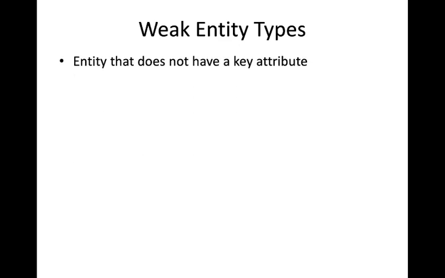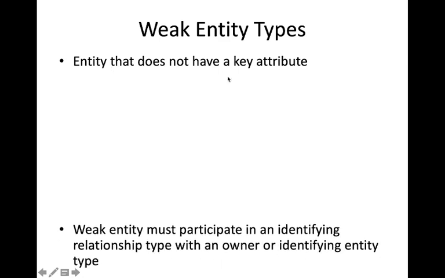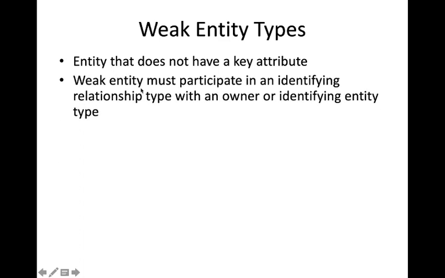In the case of a weak entity type, the entity does not have a key attribute, so we call it a weak entity type. There are certain entities where we cannot specify a key attribute, and those are known as weak entity types. A weak entity type must participate in an identifying relationship type with the owner or identifying entity type.